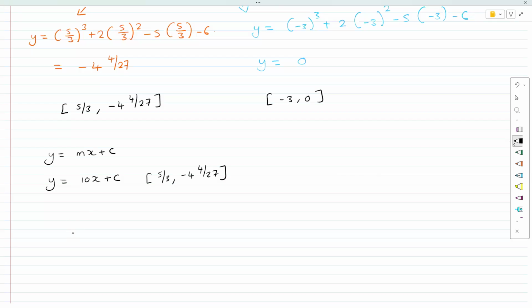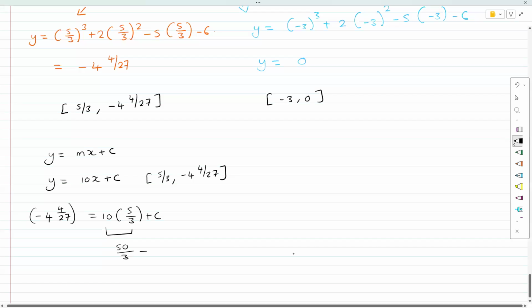Sometimes this minus 4 and stuff is difficult to deal with. You can use it as normal if you wanted to, but this is just one number. Just remember that. That's 10 into 5 over 3 plus c. Simplify because things get difficult. This is 50 over 3 plus c.